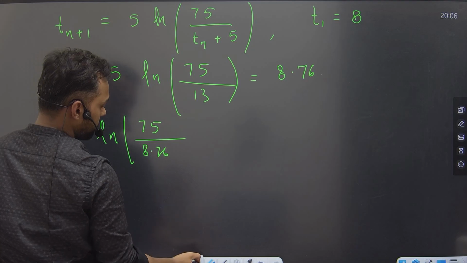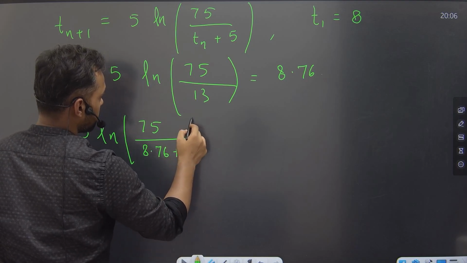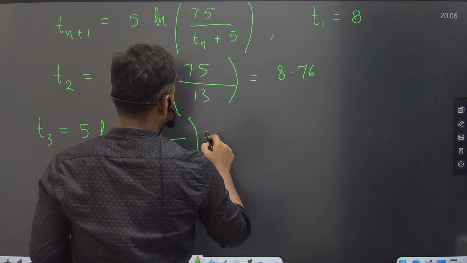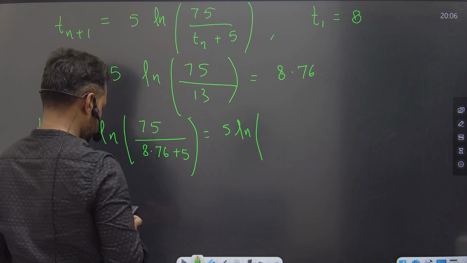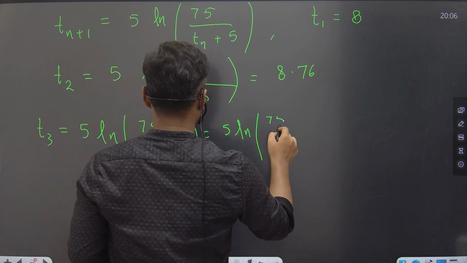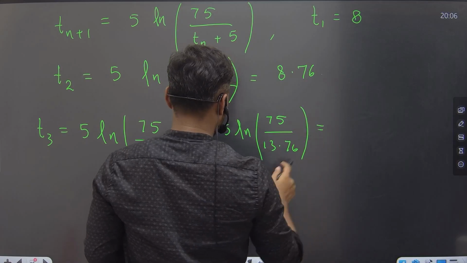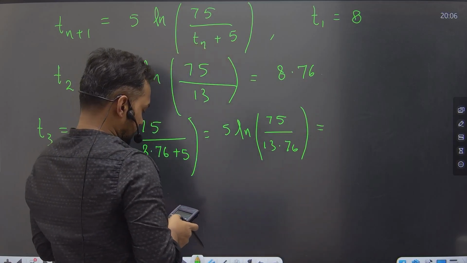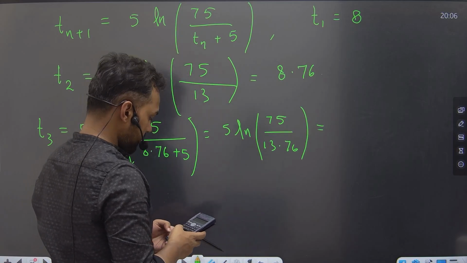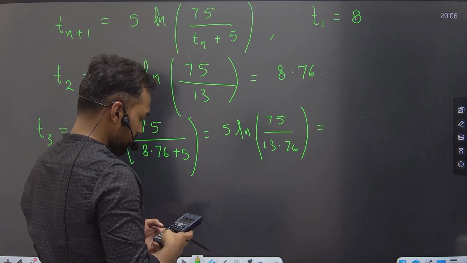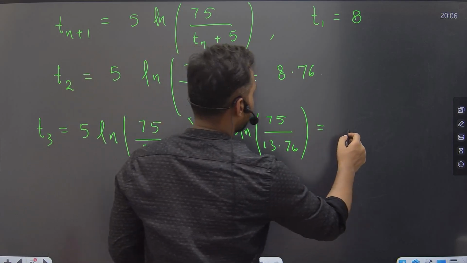So 8.76 plus 5 is 13.76, and ln(75/13.76) is equal to 1.69, times 5 will get 8.47.